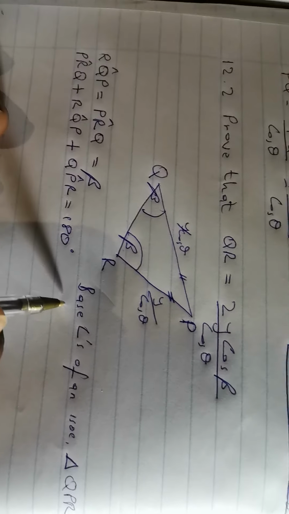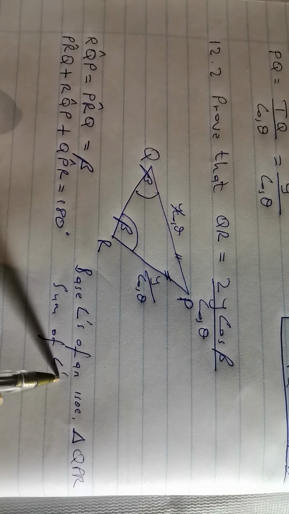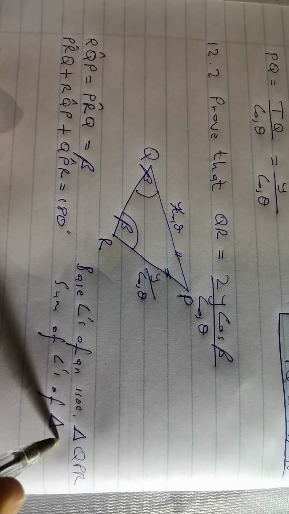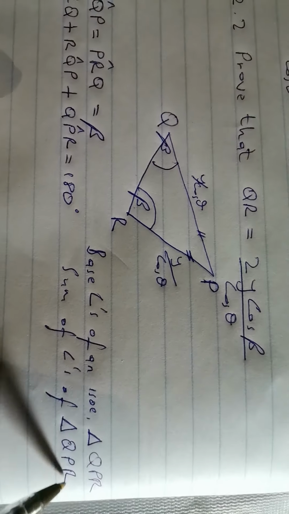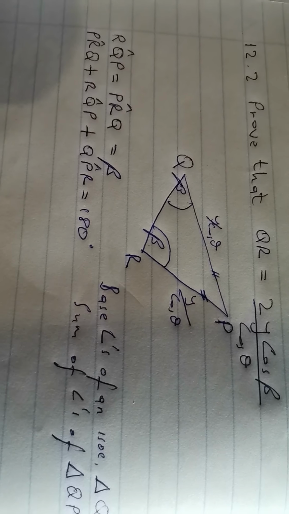And we can just say sum of angles of triangle QPR is equal to 180 degrees.